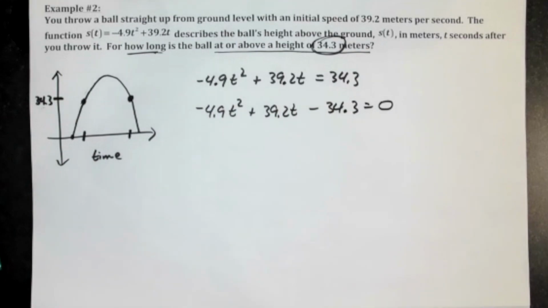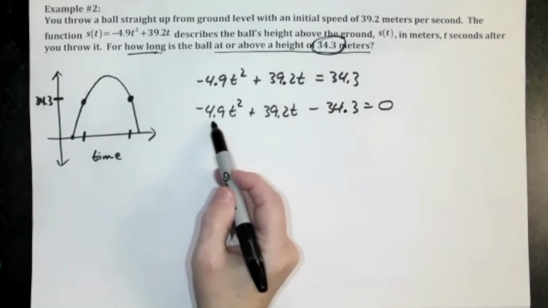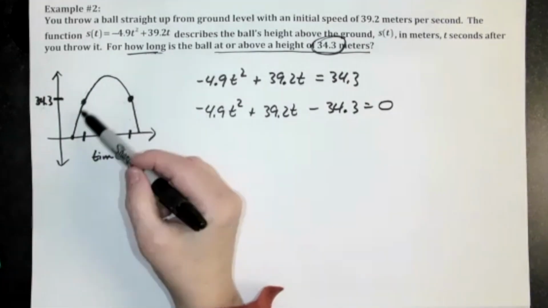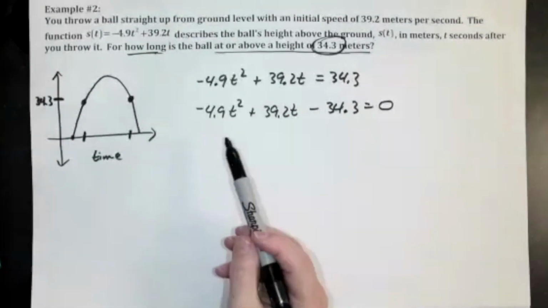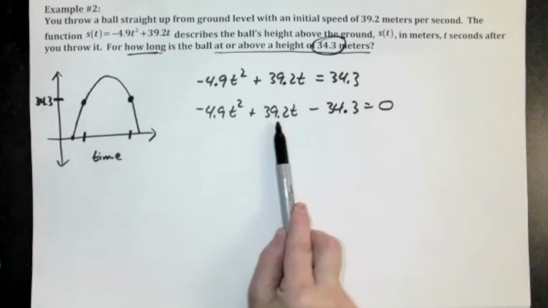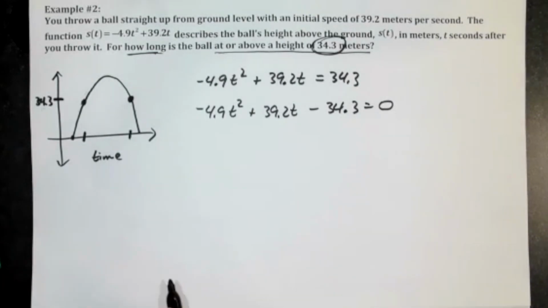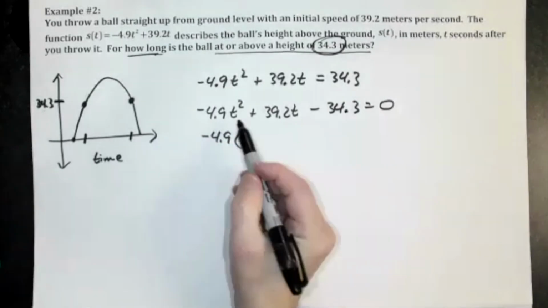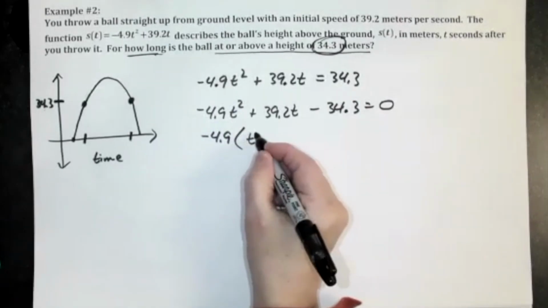It's on the left-hand side. Again, a negative leading coefficient, but it has to be because we're dealing with a projectile of some sort, so it has to be an upside-down parabola. So I know I'm going to take out a negative 4.9. You factor that out, you'll be left with a t squared in that first one.